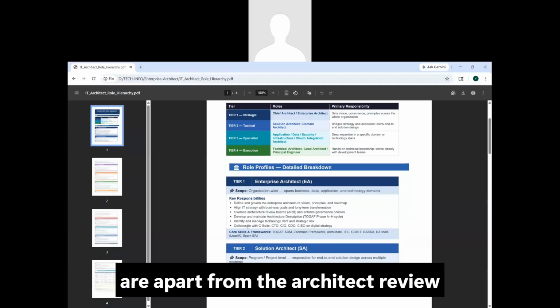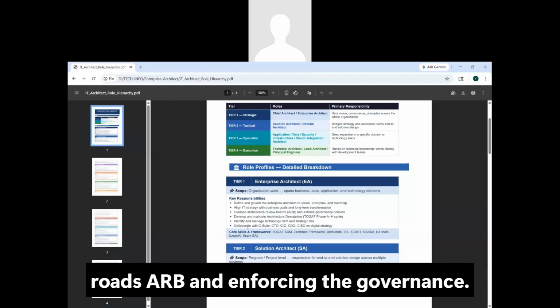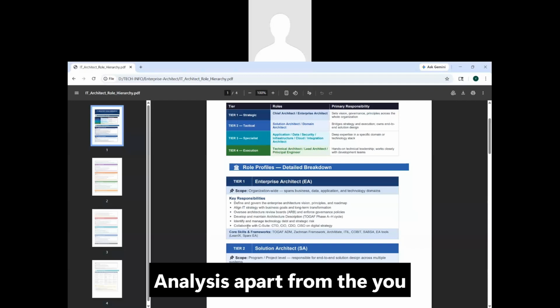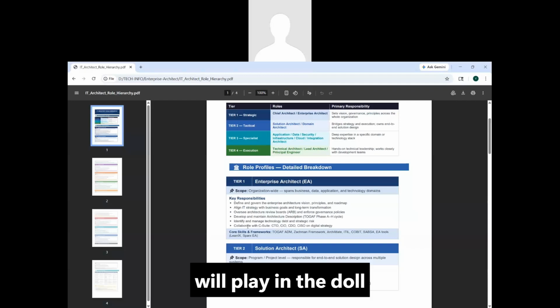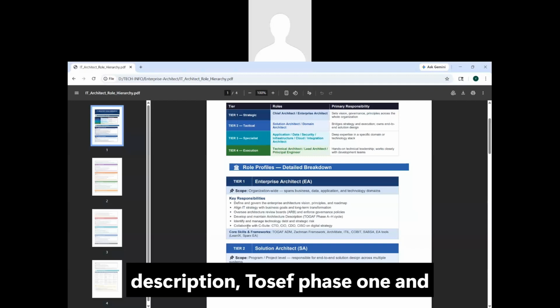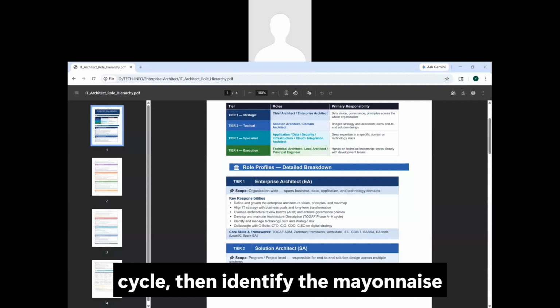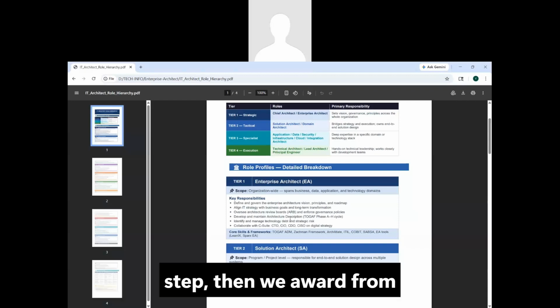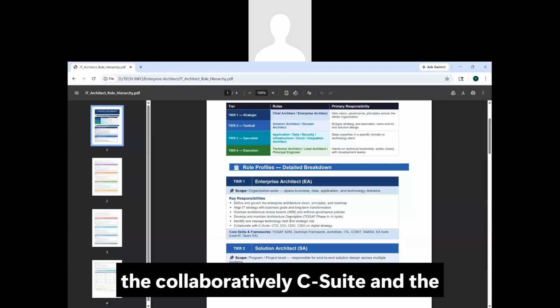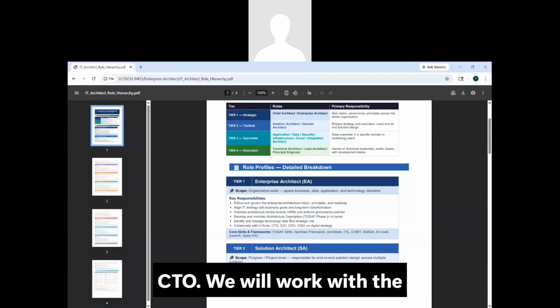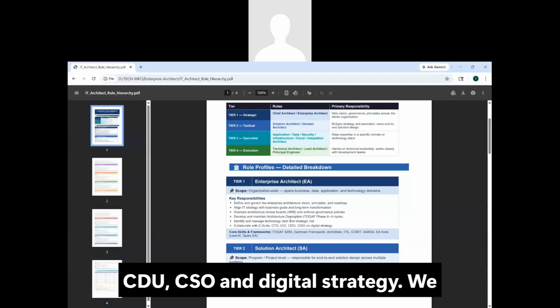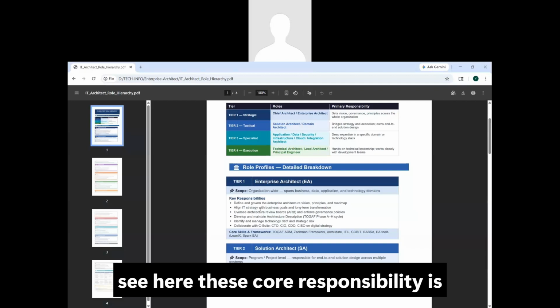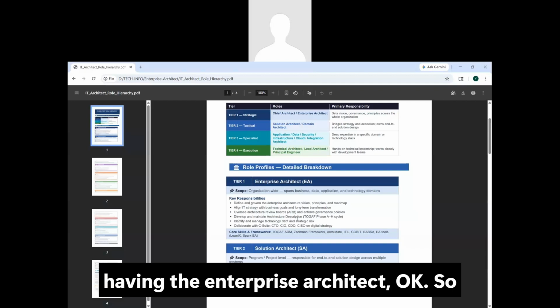Apart from that, they run architecture review boards, ARB, enforcing governance policies, and maintain the architecture description, TOGAF phases and ADM cycle. They identify and manage technology debt and strategic risks, and collaborate with the C-suite: the CTO, CIO, CDO, CSO, and the digital strategy. This is the core responsibility of the enterprise architect.